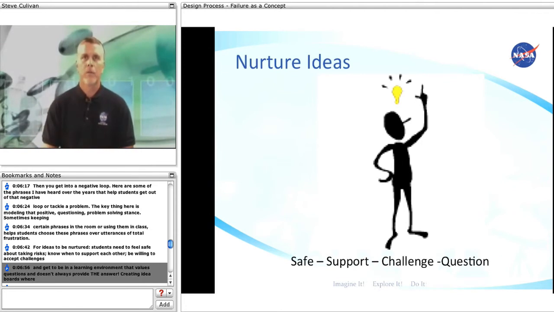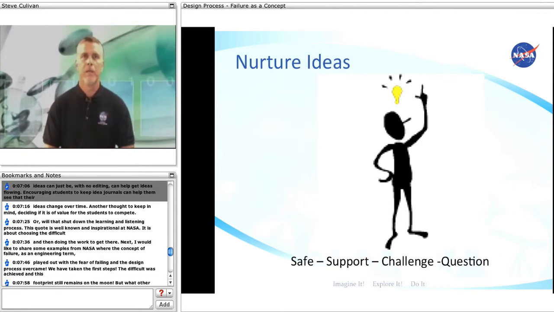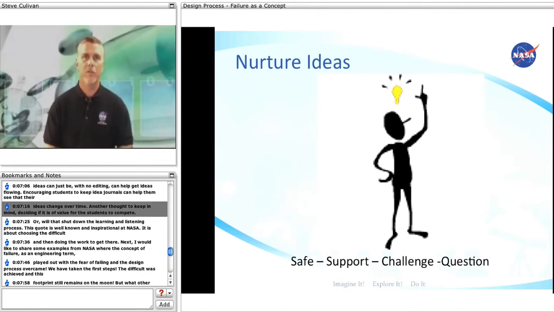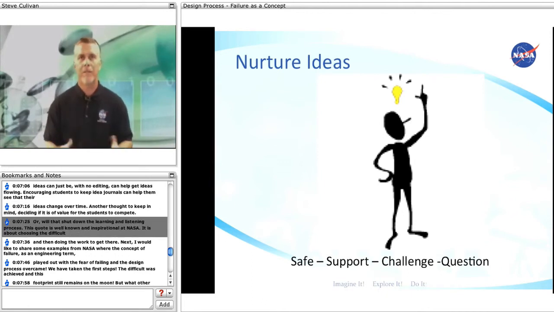Creating idea boards where ideas can just be, with no editing, can help get ideas flowing. Encouraging students to keep idea journals can help them see that their ideas change over time. Another thought to keep in mind is deciding if it is of value for the students to compete, or will that shut down the learning and listening process.